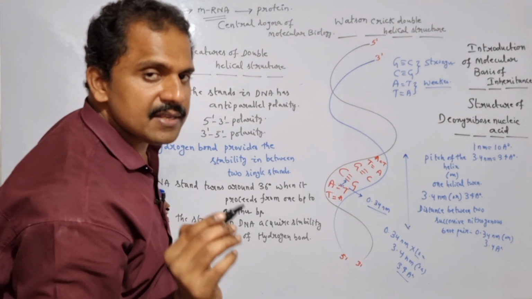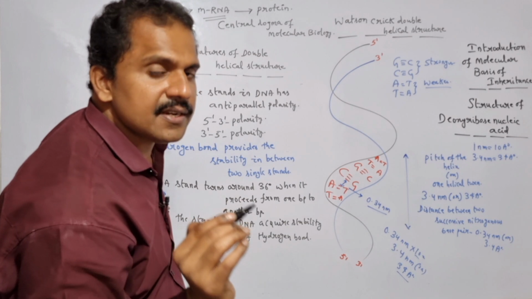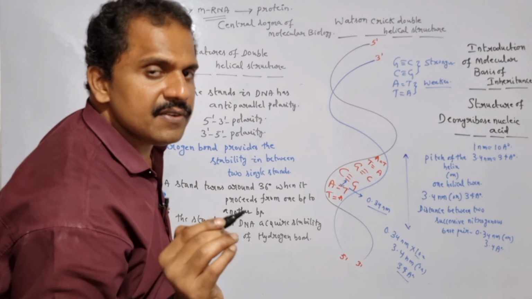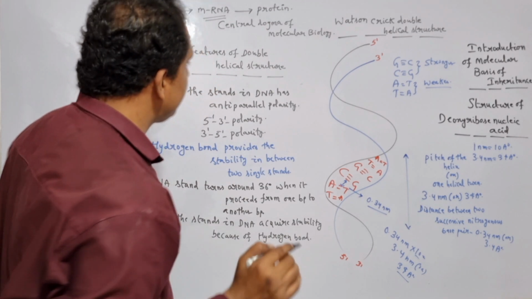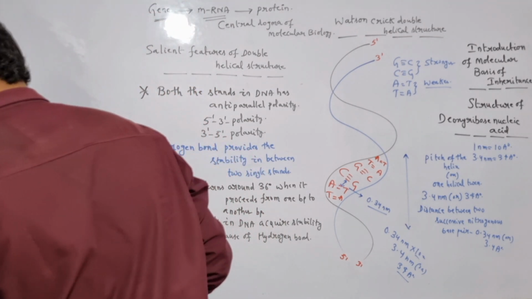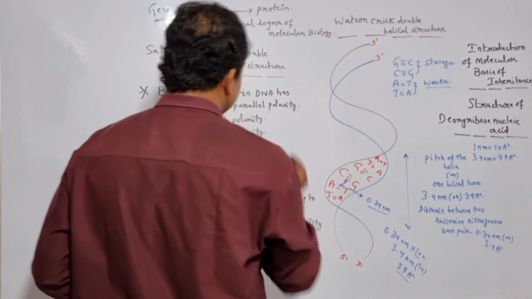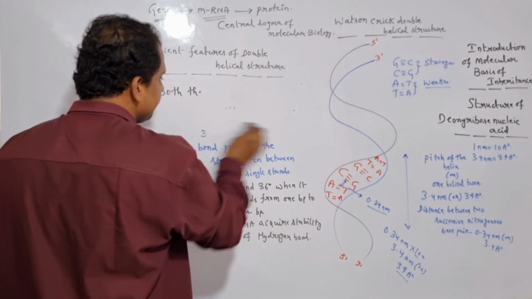And here it is termed as what? Reverse transcription. In order to regulate reverse transcription, there is a requirement of a specific enzyme, which is nothing but what? Reverse transcriptase. So just let me arrange the things here.